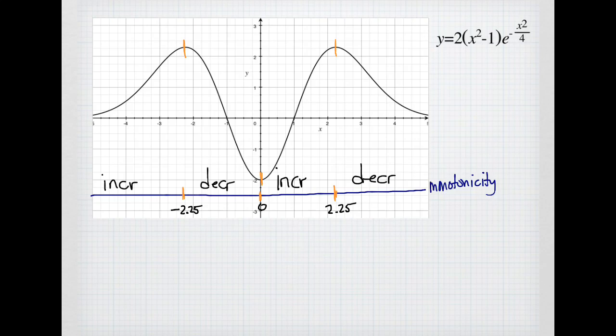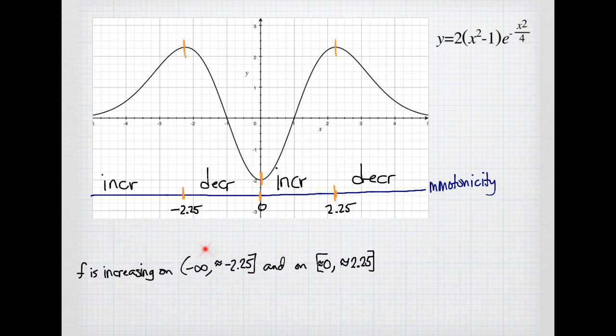And so we would write a sentence something like, my function is increasing on the interval minus infinity to negative 2.25 and also increasing on 0 to 2.25.